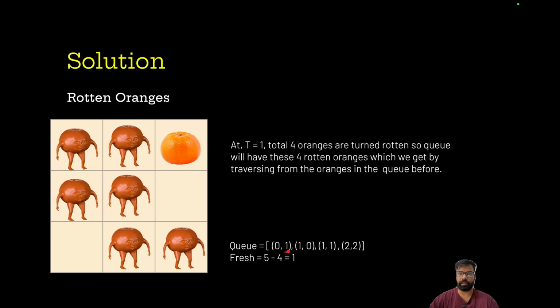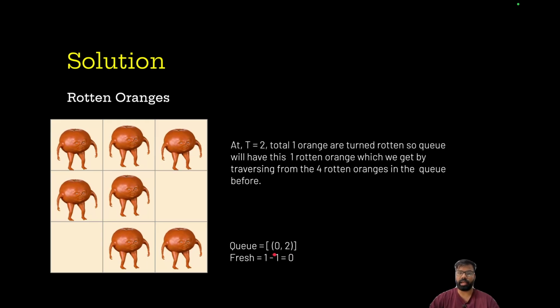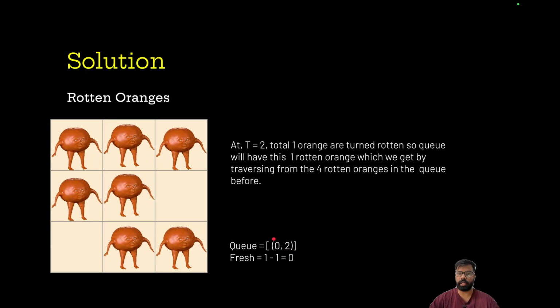There is a single fresh orange only. So after this stage, the queue should be emptied, because we have calculated the neighbors of all these four at once, removed them from the queue, and inserted the one which is the neighbor at a distance of 2 from our source node.